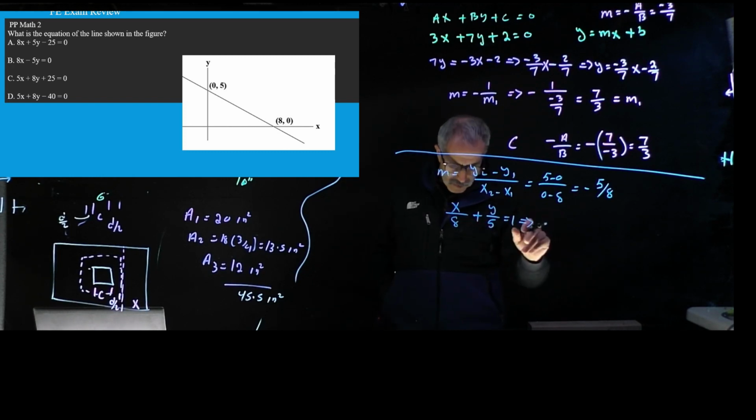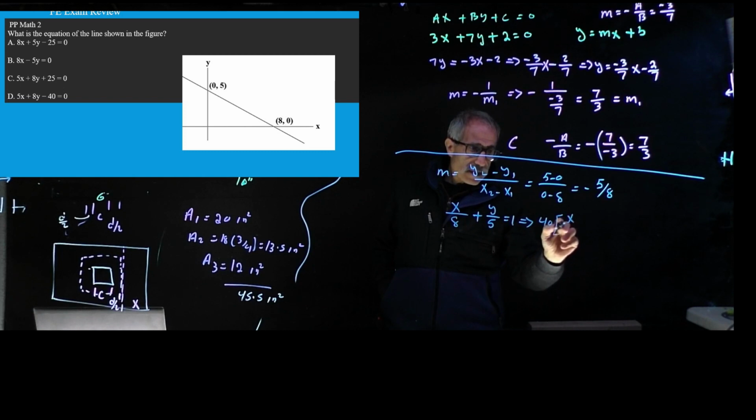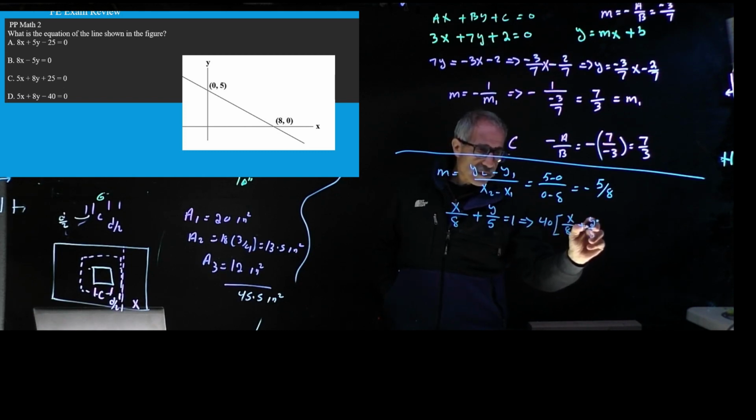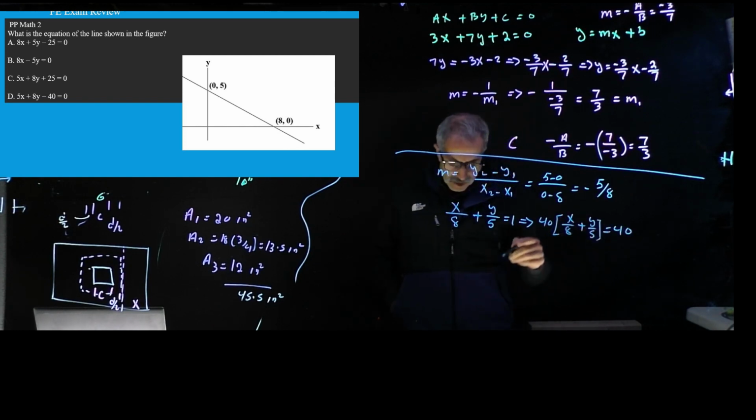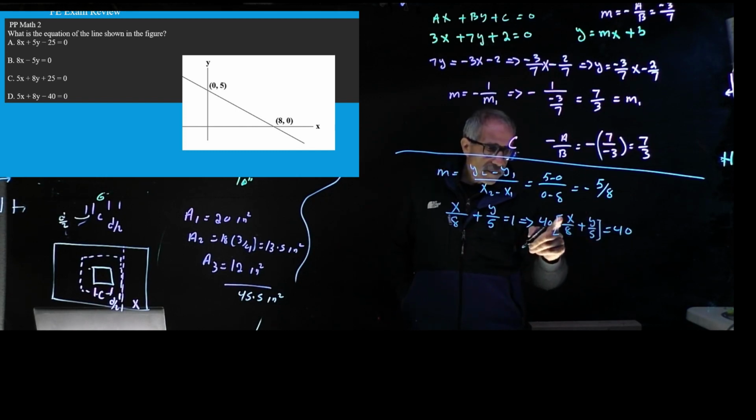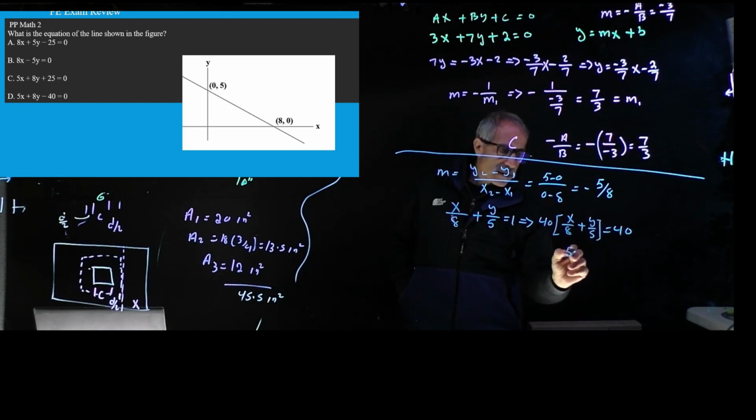So I'm going to use 40. We say 40 multiplied by x divided by 8 plus y divided by 5, and that is equal to 40. If I clean that up, that becomes 5x plus 8y is equal to 40.